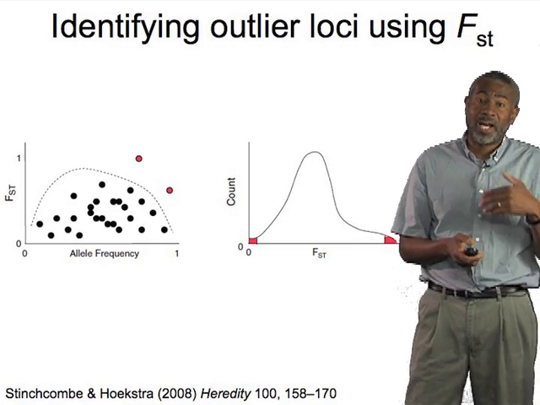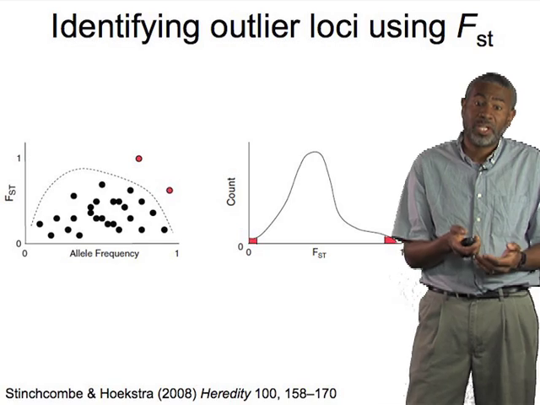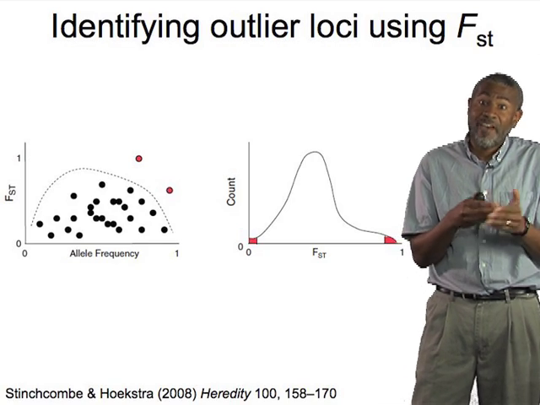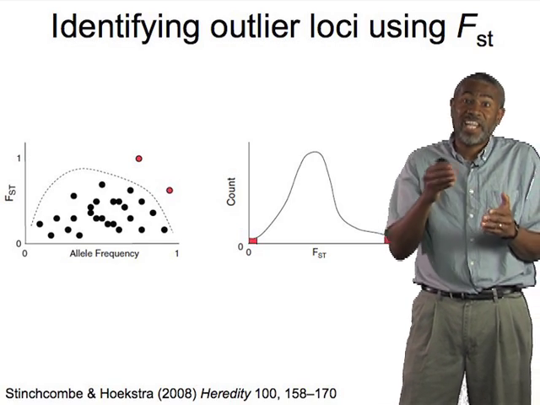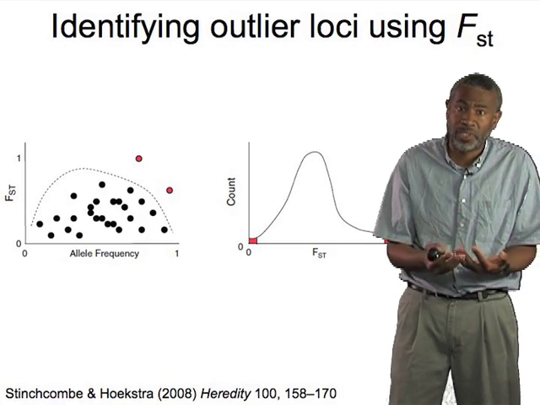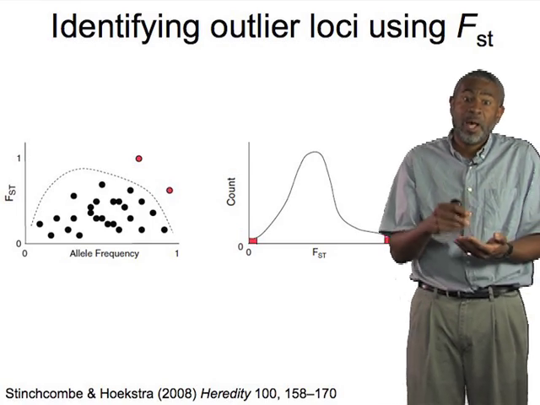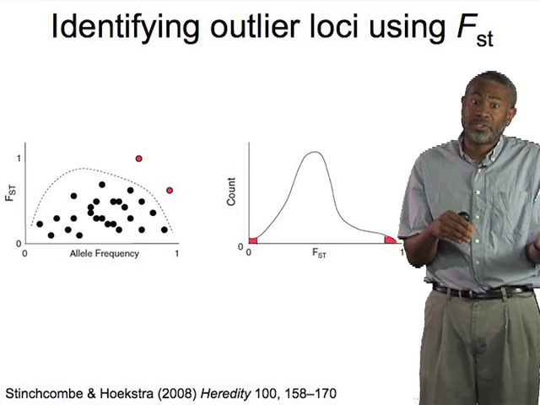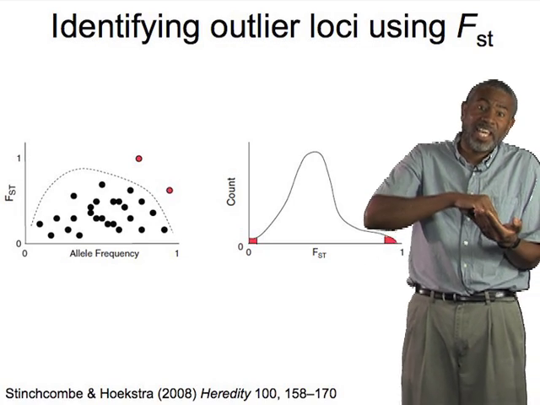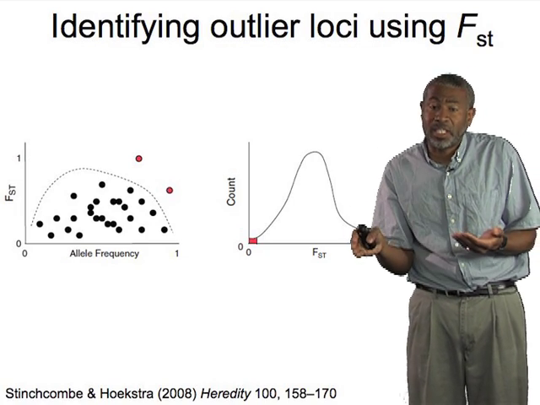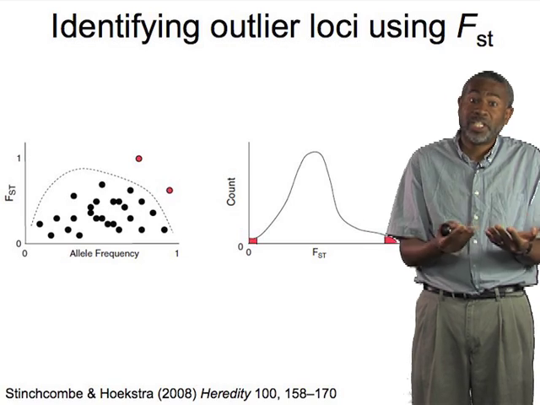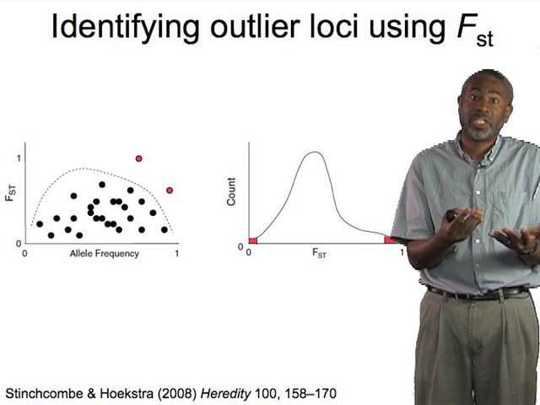So here's some fictitious diagrams showing how FST would be expected to change with the average allele frequency. We won't worry about the details here, but this dotted line on the panel to the right indicates the expected maximum FST given a particular allele frequency for a particular locus.